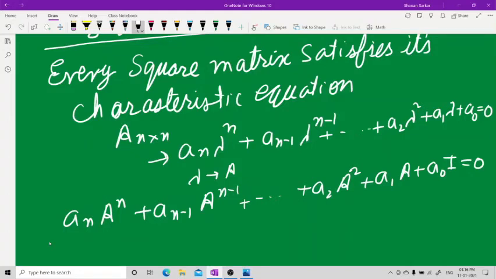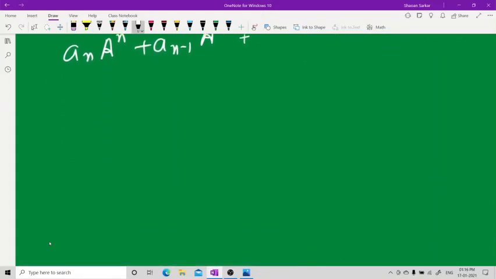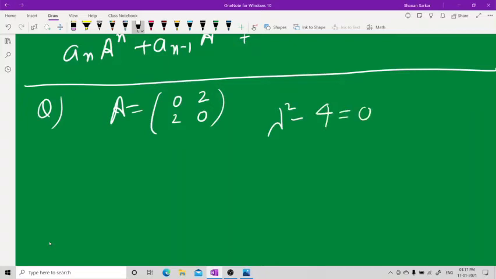Let me do questions on this and then you will be able to understand what I mean by that. Let me take the easiest one. I took a matrix, I hope you remember in my earlier video, A equal to 0, 2, 2, 0. I found out the characteristic equation as lambda square minus 4 equal to 0.